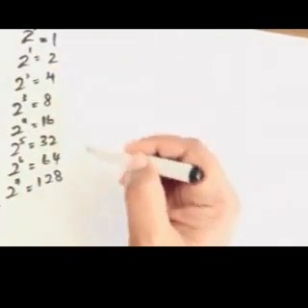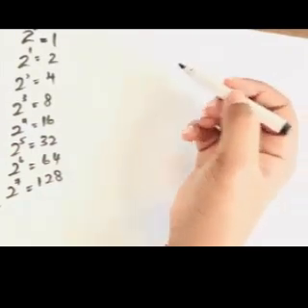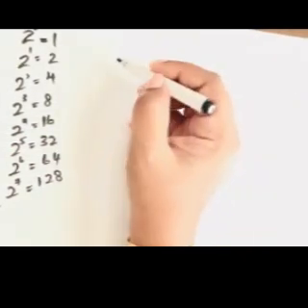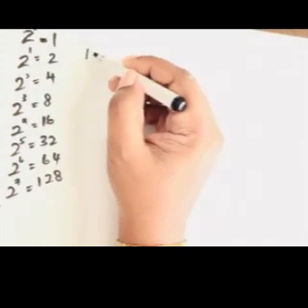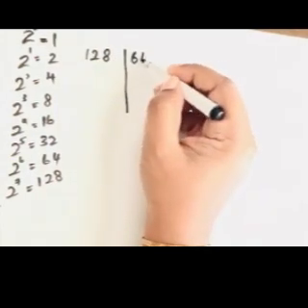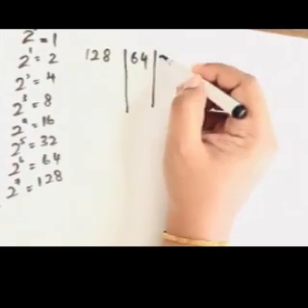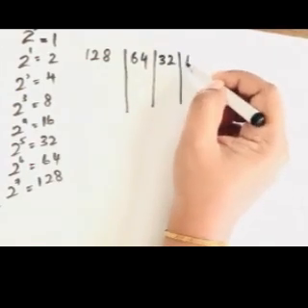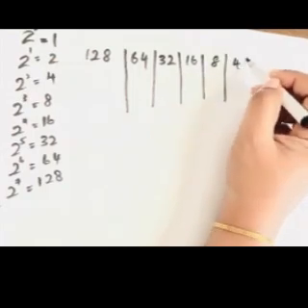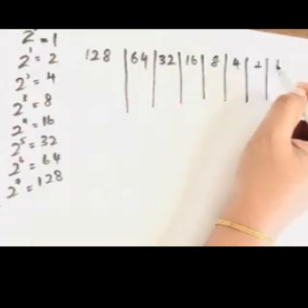So the next thing I have to do is write these power values in a table. First I'm going to start with 128, then I'm going to write 64, then 32, 16, 8, 4, 2, 1.